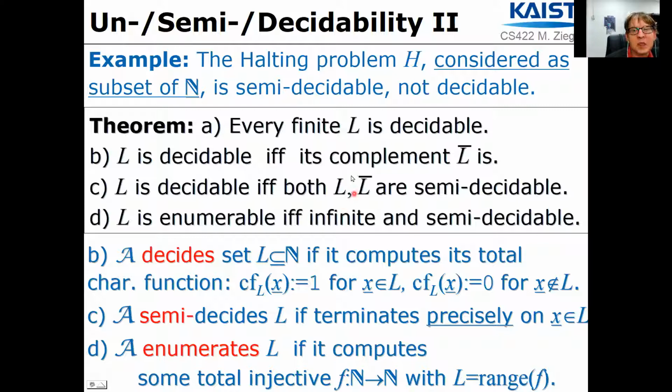If the input X belongs to L, then the first computation terminates. If the input does not belong to L, then the second computation terminates, right? So precisely one of the two computations that are now executed carefully, alternatingly, precisely one of them will terminate and succeed. And which one tells us whether the input belongs to L or does not?